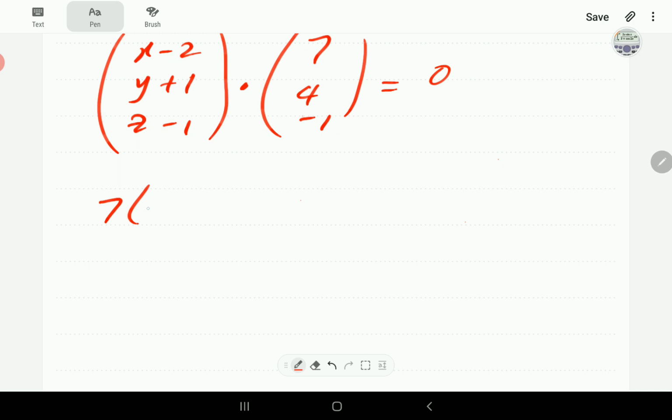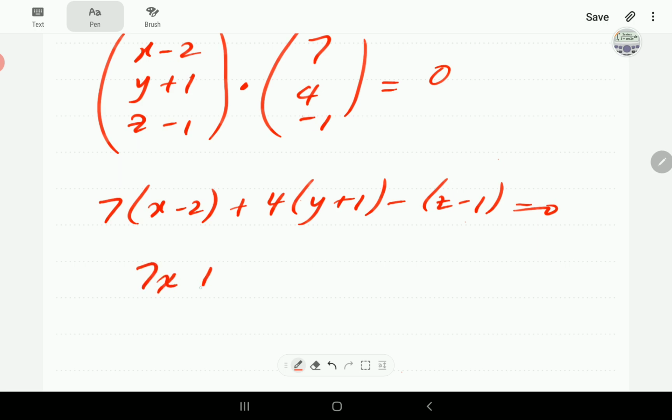So it's going to be 7 times x minus 2 plus 4 times y plus 1 minus z minus 1 equals 0. It's going to be 7x plus 4y minus z.